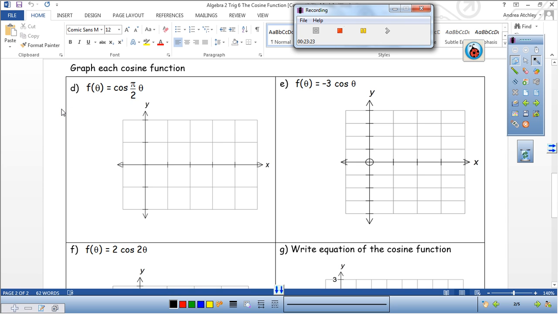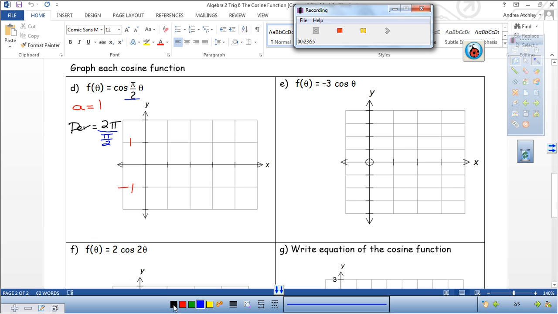Okay, so the same thing we start with is our amplitude. Class, what's the amplitude here? 1. So here we're going to go to 1 and -1. Okay, we need to find the period, which is 2 pi divided by the frequency, which is pi over 2.